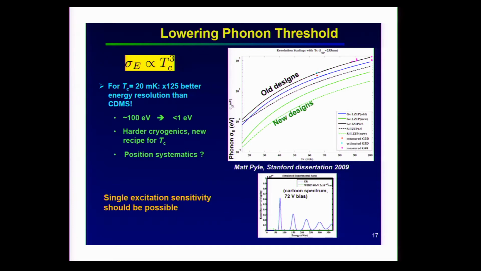That would make it much harder to have a cryostat that goes to that low temperature, and maybe bring some systematics. But we can dream of having, for example, a single electron-hole spectrum, where each electron-hole makes a discrete peak when we amplify with a large electric field.